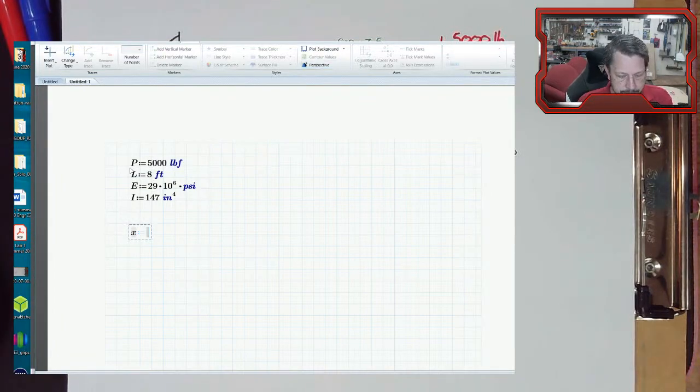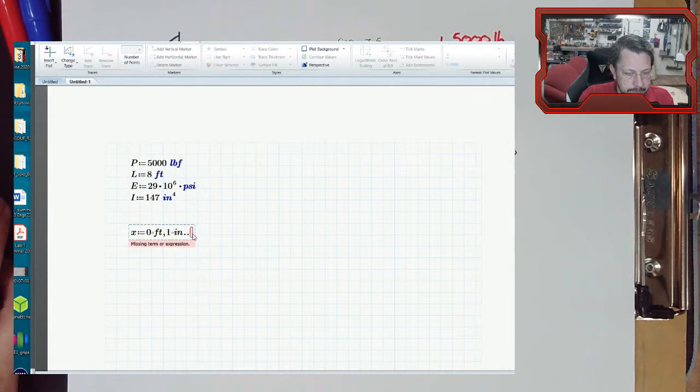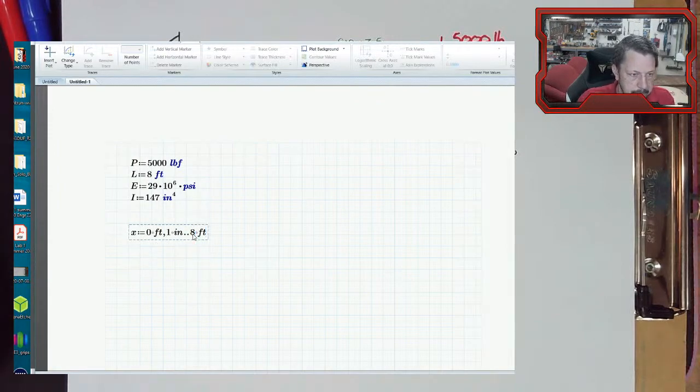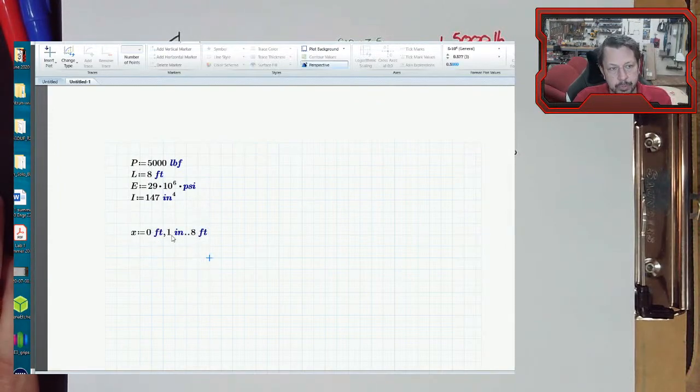Let's make X go from 0 feet, going by 1 inch, over to 8 feet. So we're going to go 1 inch, 2 inch, 3 inch, all the way up to 8 feet. Let's see our equation.